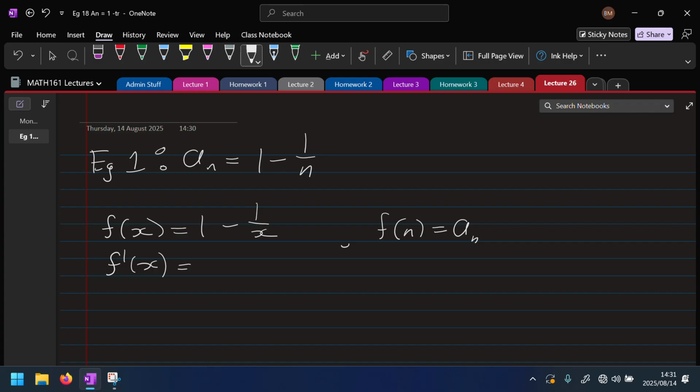What's the derivative here going to be? 1 over x squared. So x squared is always positive; you can put anything in there. So 1 over x squared is also positive. So what do we get? This is always positive.